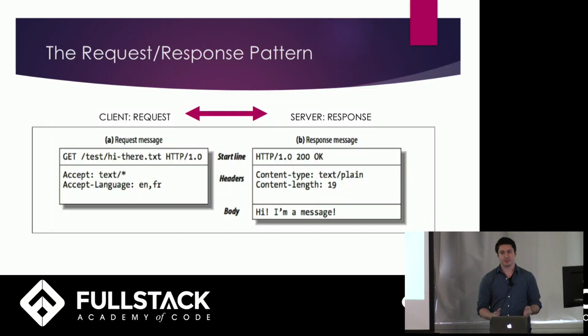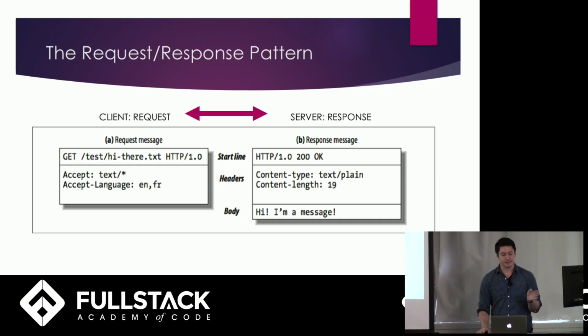So the crux of HTTP is that every client, if it wants to communicate with the server, has to send out a request in a way that the server can understand. And that server has to send back a response in a similarly uniformly formatted message. Every request is going to have a start line and headers.